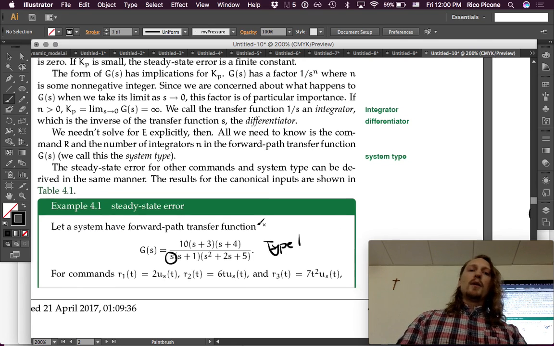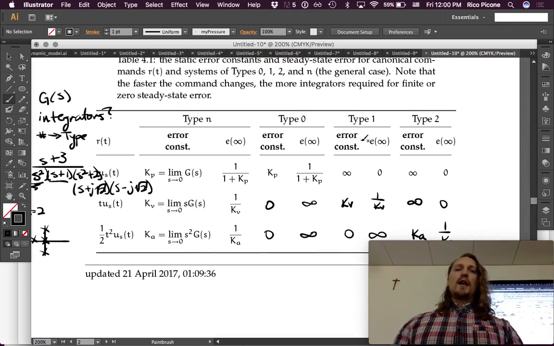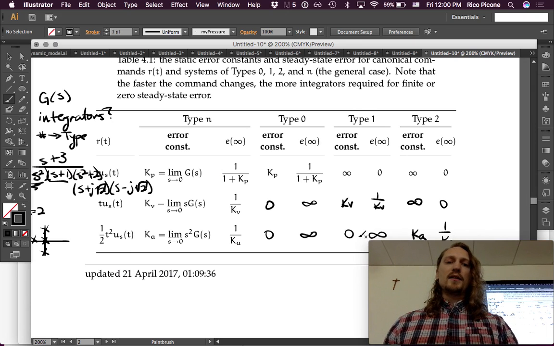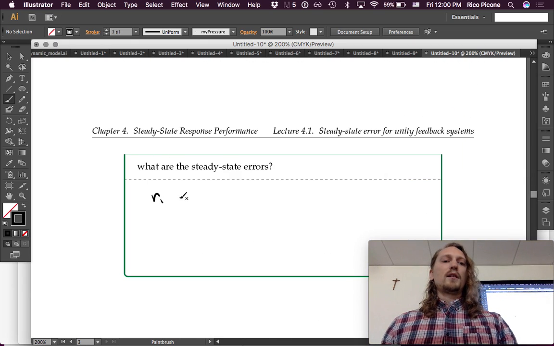If we go to our table, we actually already have this in here. For a type 1 system, so we're in this column here, for a unit step input, we're going to have 0 steady state error. So for R1, E of infinity equals 0.